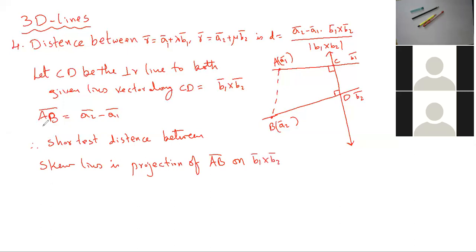Because in this case, whatever you are calculating, the magnitude of that AB bar is equal to the length AB. But here we are taking the vector along CD, not exactly the CD bar. If you are getting exactly CD bar, you can find the magnitude of this, that will be the perpendicular distance.